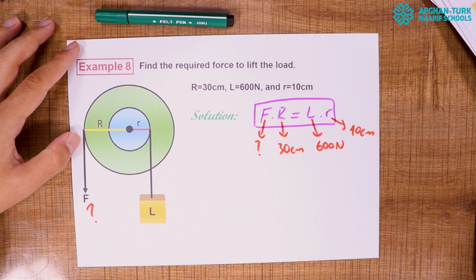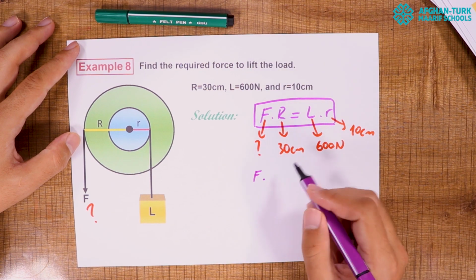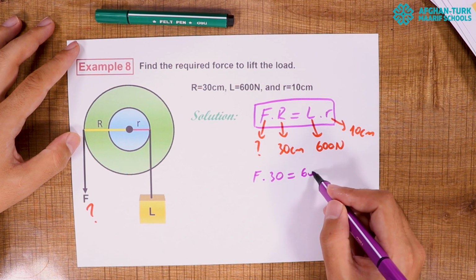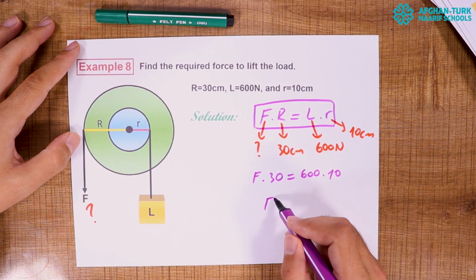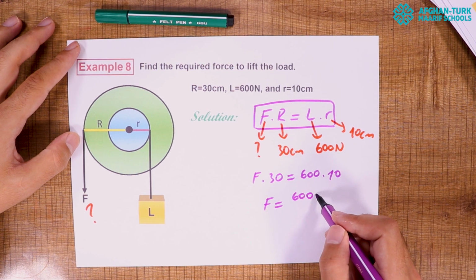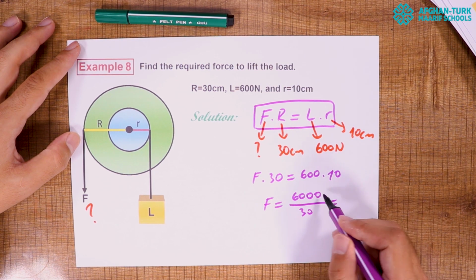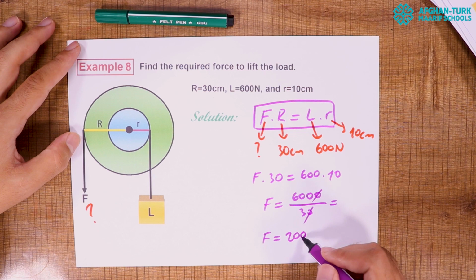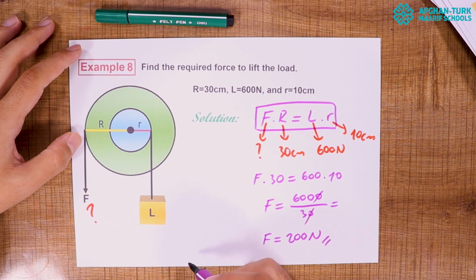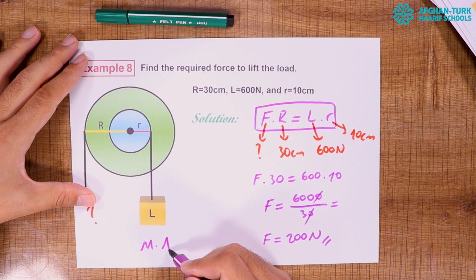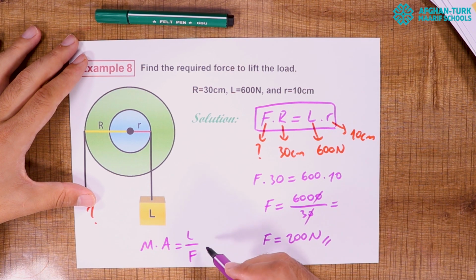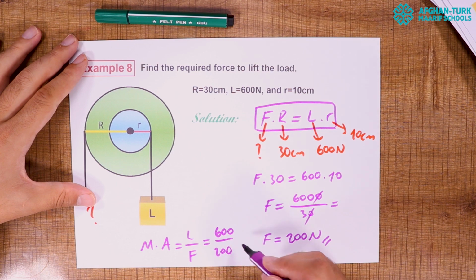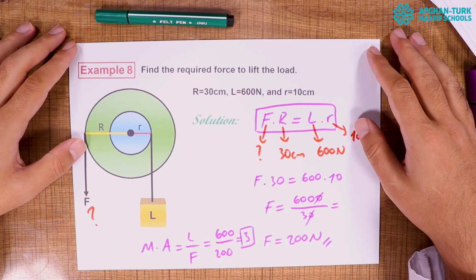From here I can find force times 30 equals 600 times 1. If I cancel out zeros here, force will be equal to 200 Newton. So how can I find the mechanical advantage? Again, load divided by force, and the load was 600 Newton, divided by the force we applied, 200 Newton, and that's equal to 3. Okay, that's enough for today.